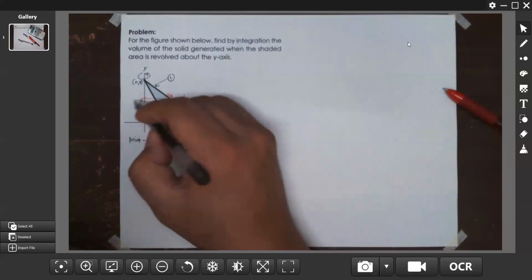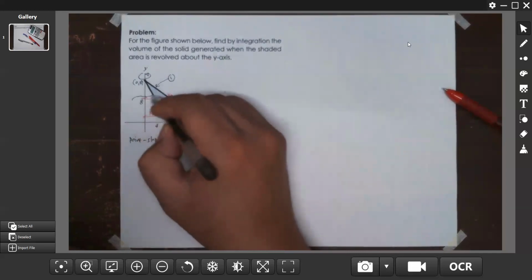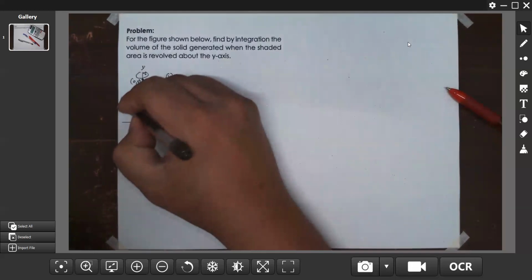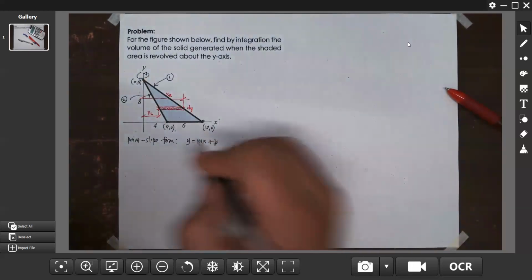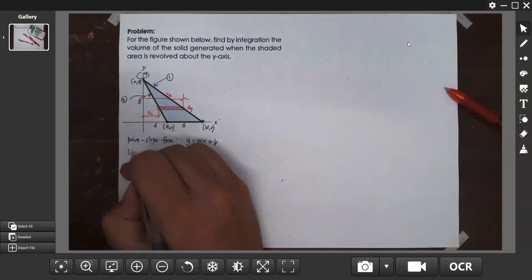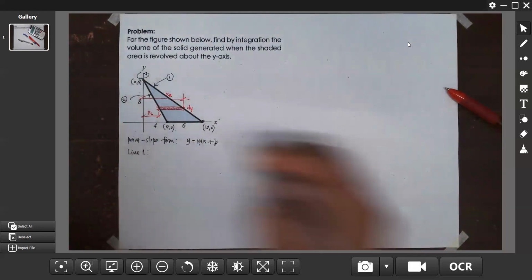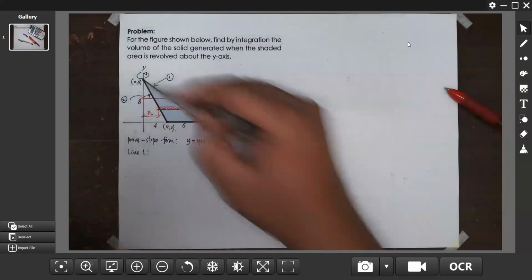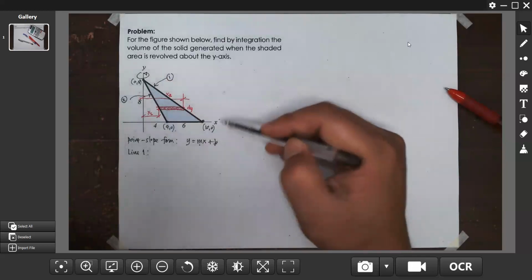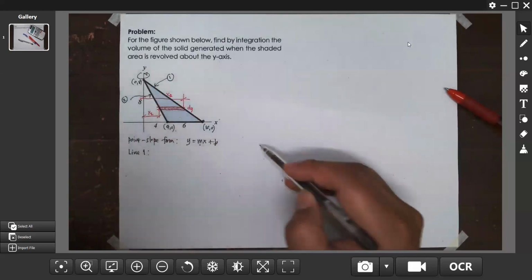And then the other one, curve number 2. For line 1, the slope is rise over run. For a positive slope, the line goes up; for this one, the slope is negative.